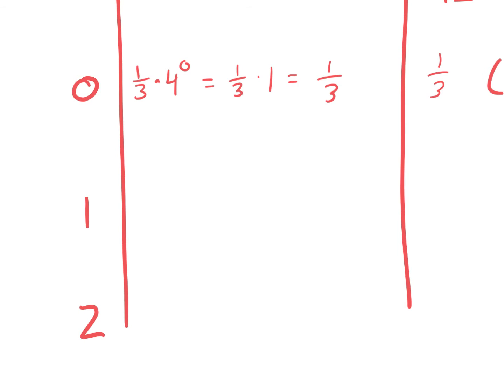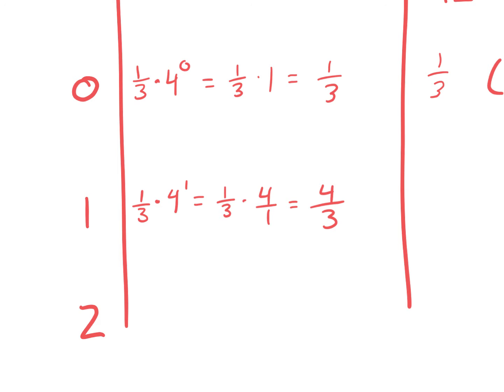Next, let's plug in 1. We have 1/3 times 4 to the power of 1. What's 4 to the power of 1? 4 over 1. So 1/3 times 4 over 1 would be 4 over 3.